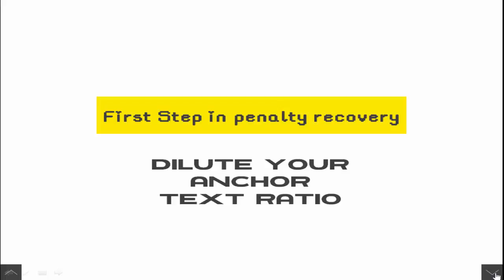The final step in recovering from a link penalty is to dilute your anchor text ratio. Focus on building quality links from sites with high domain authority to regain rankings. If you've been hit or have yet to be hit and your backlink profile has exact match keyword anchor text that accounts for over 10% of your backlinks, it is highly suggested that you start building branded and partial match anchor text, natural backlinks, to dilute your share of exact match keyword anchor text links.